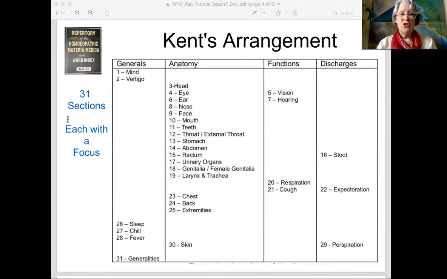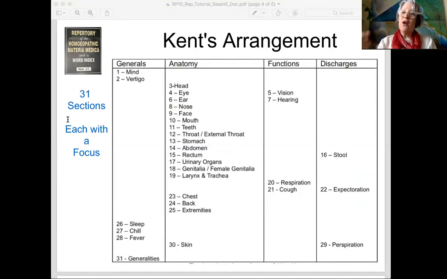Okay. So, last time we talked about the mind section. And as you go through this, see if you can go in there and find mind forgetful. You'll notice at the beginning, it starts with things like absent-minded. It starts with the A's, goes to the B's and the C's and the D's. Can you find mind forgetful? Let me know when you got there. Okay.